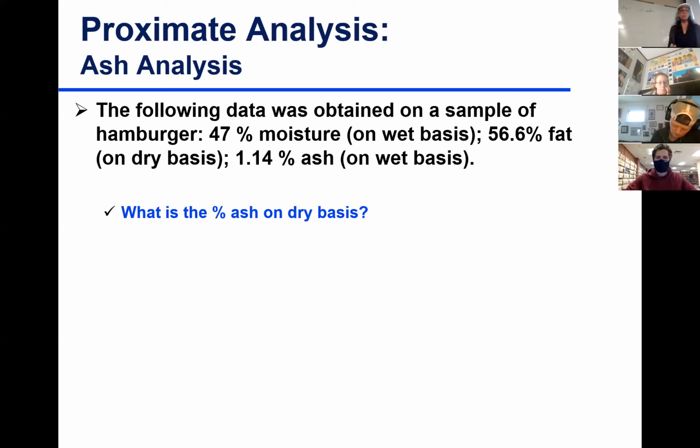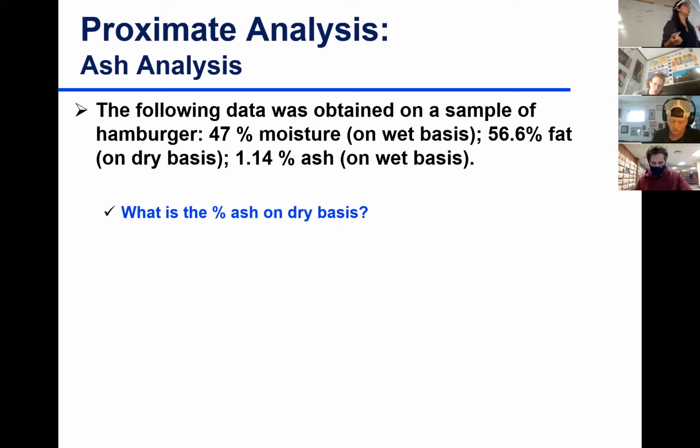I want to determine percent ash on a dry basis. So I want to know how much X is in 100 grams of solids. So I'm looking for X in 100 grams of solid, X in grams in 100 grams of solid.